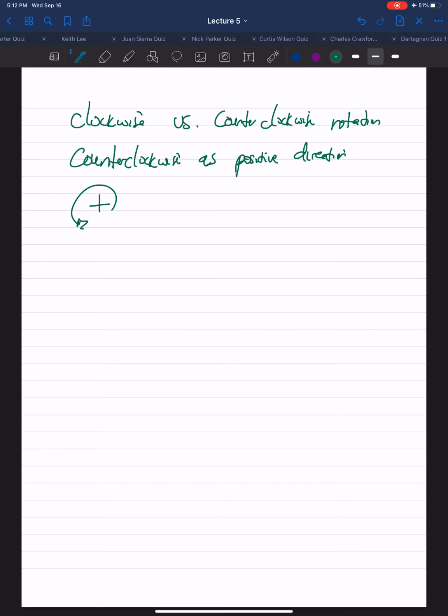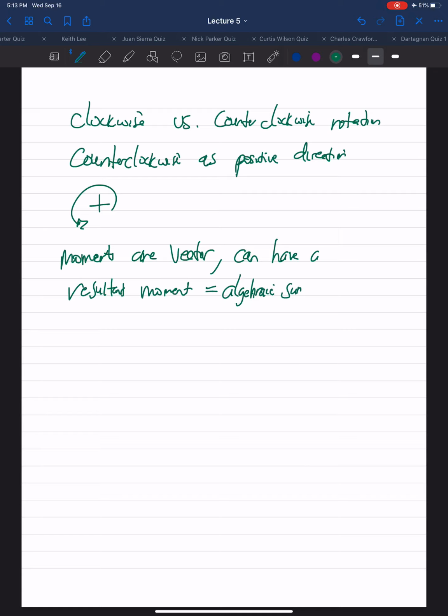And since we said moments are vectors, just like our forces, we can have a resultant moment, which is the algebraic sum of all the moments in a system.